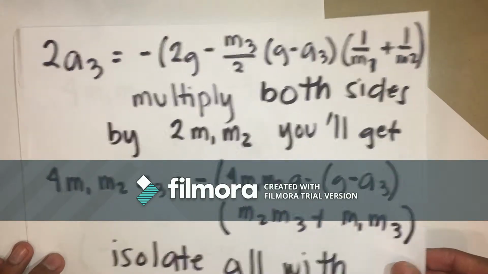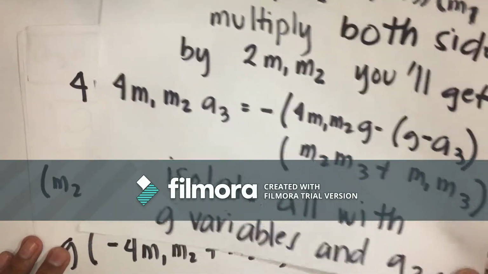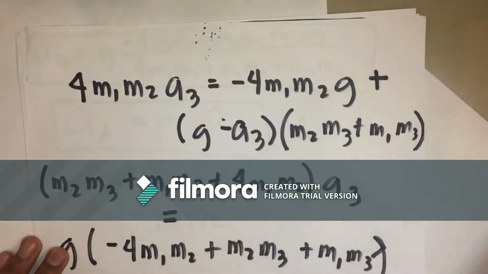Next is isolate all with G variables and A3s.